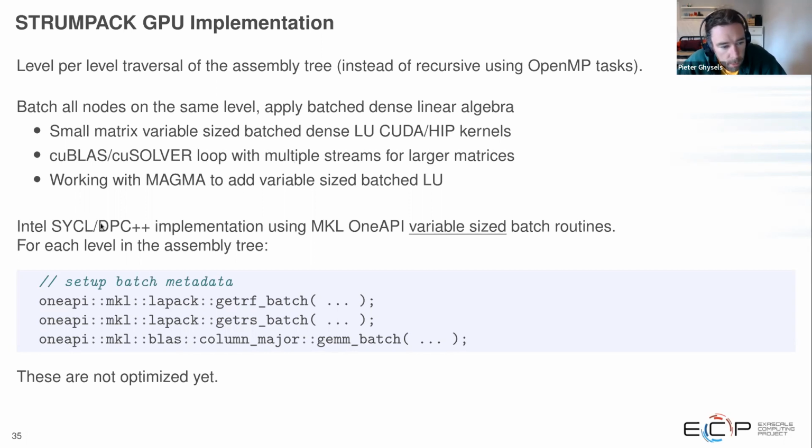In the SYCL DPC++ code, the oneMKL API does have variable-sized batched routines. For instance, GETRF batch is a routine which takes in an array of pointers to matrices stored on the device, and they can be of different sizes. We also pass an array of sizes, and this does the LU for all of these matrices with a single call. But these are not optimized yet, so performance isn't great yet.